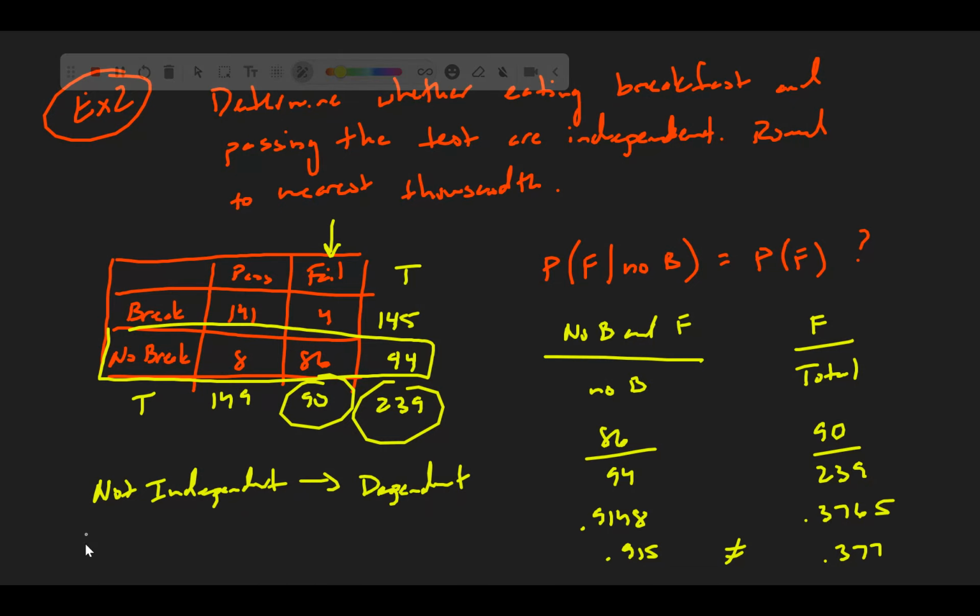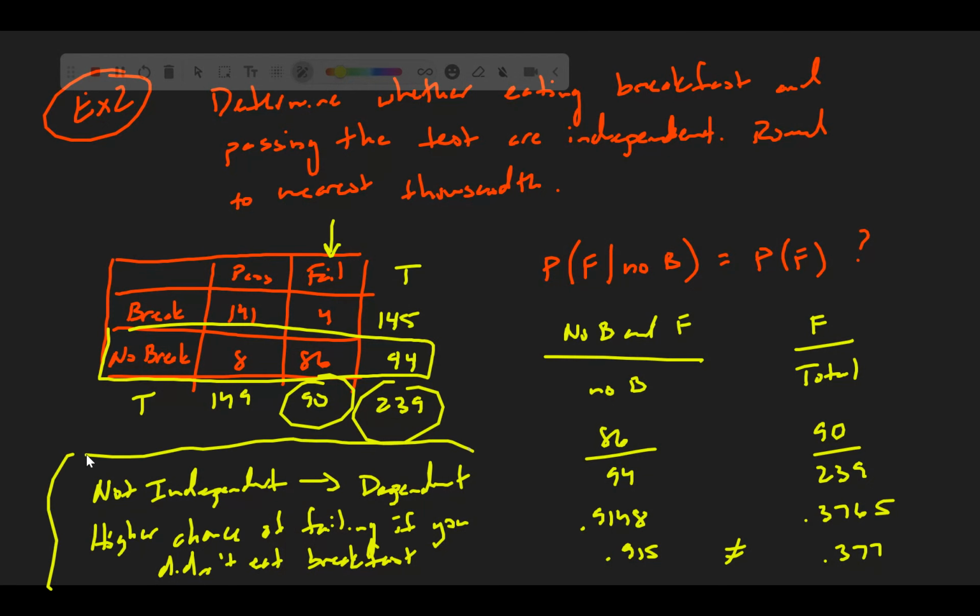You have a higher chance of failing if you didn't eat breakfast. Okay, and there you go. So again, those probabilities being different leads you to this dependent case of one affecting the other.